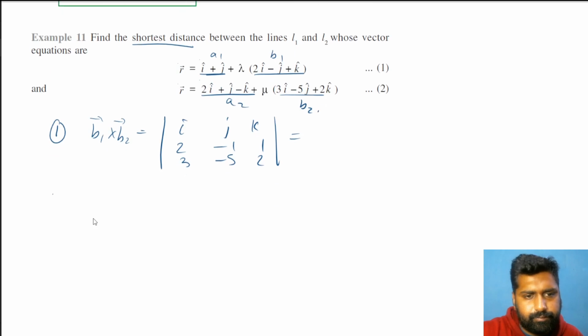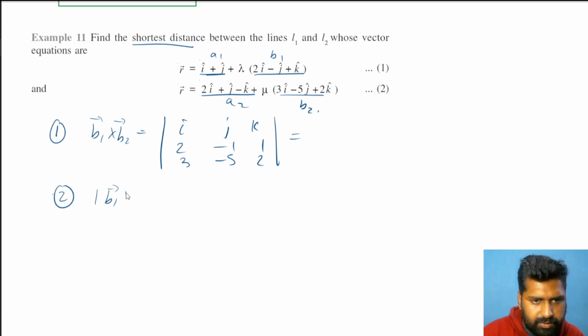Then the second thing you calculate is the magnitude of b1 cross b2. Again, that can be done only after you calculate your b1 cross b2. So what is this coming? 2 minus 1 1 and 3 minus 5 2. It's coming out to be 3i minus j minus 7k.